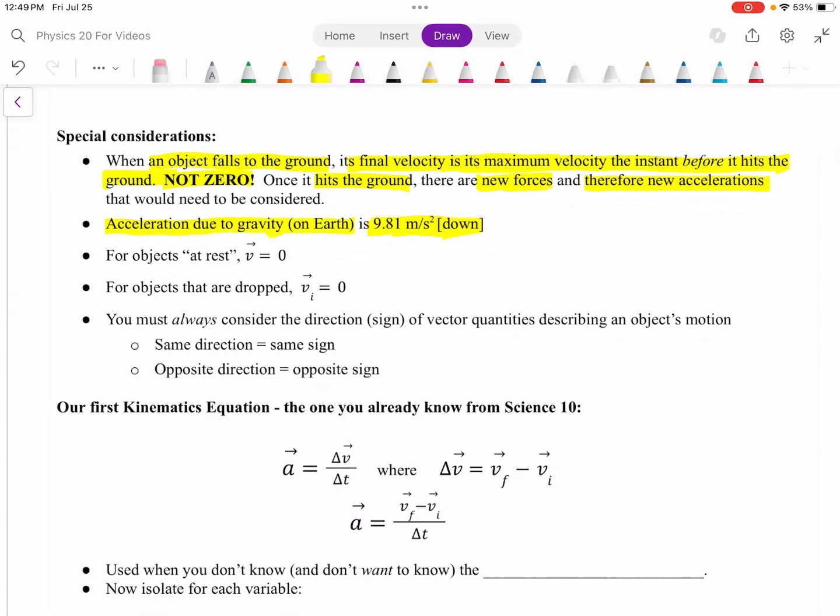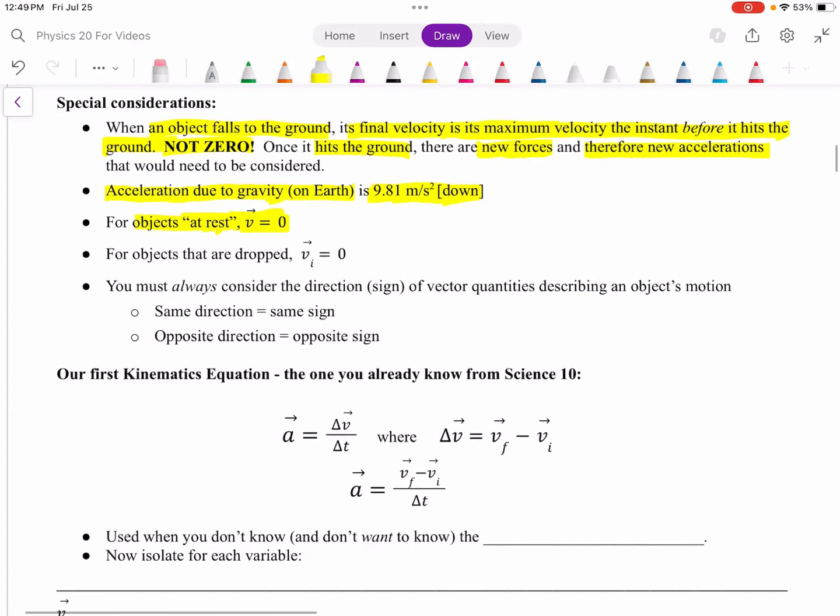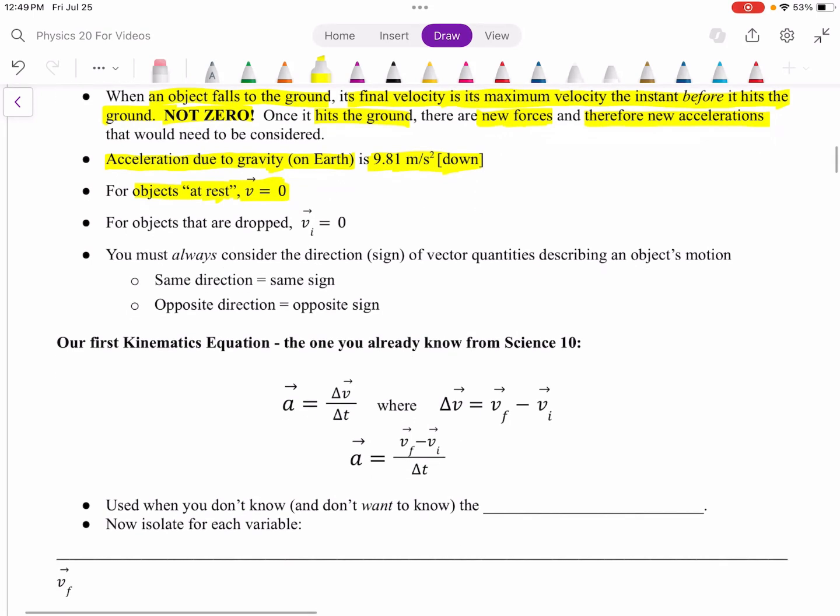Anytime an object is at rest, okay, its velocity is 0 or comes to a stop, right? That's what those mean. So if it starts at rest or if it ends at rest, okay, that tells us VI or VF is 0. Any object that is dropped, okay, where we say we drop something, we know that means its initial velocity is also 0.